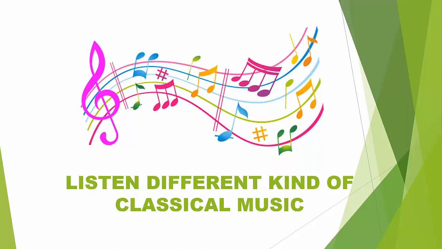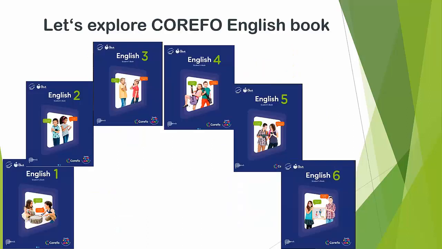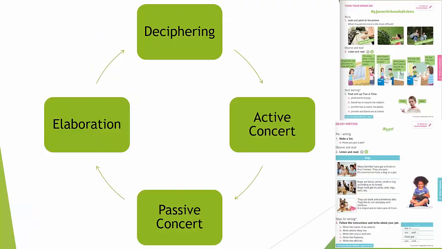So here we have the books that have primary, first, second, third, fourth, fifth, and sixth, and the summary about deciphering that we have to consider in our session: deciphering, the active concert, where we are going to use music, the passive concert, where we are going to listen to the same reading but without music, okay?